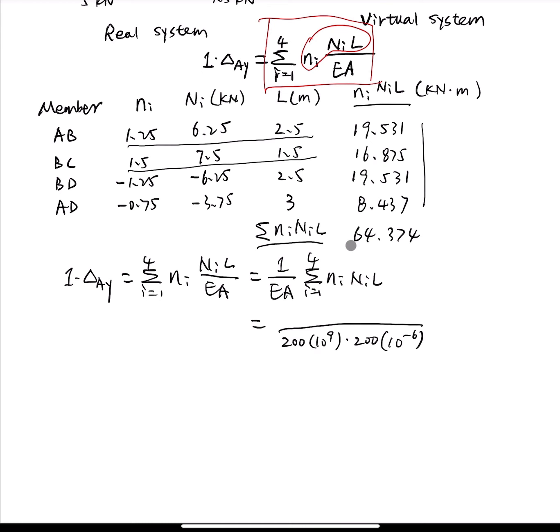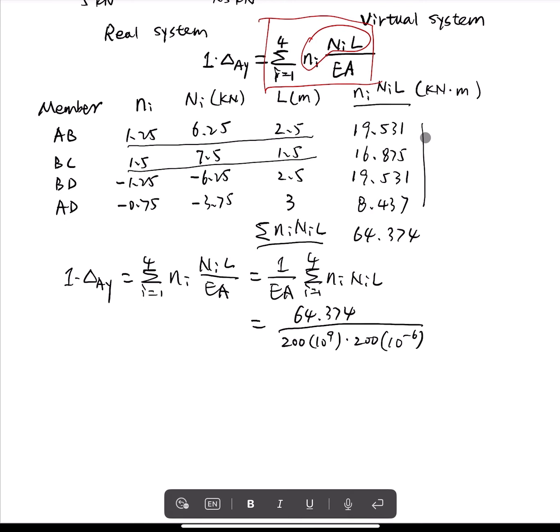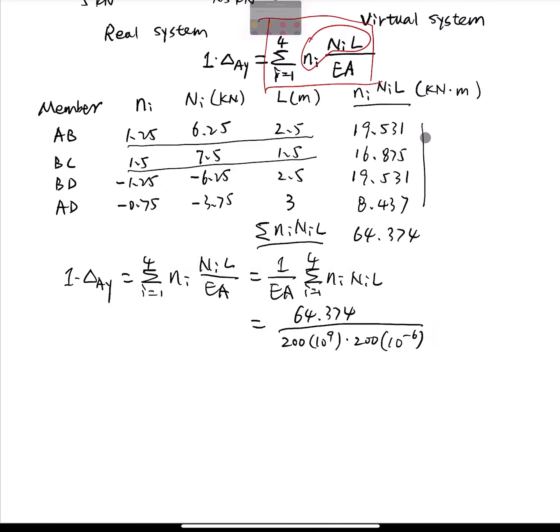The summation is 64.7374, and because the unit is kilonewton meter, we need to multiply by 1000, and then the unit will be meter.